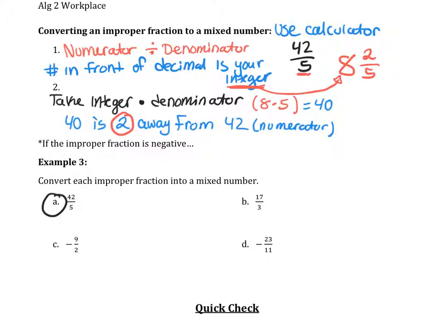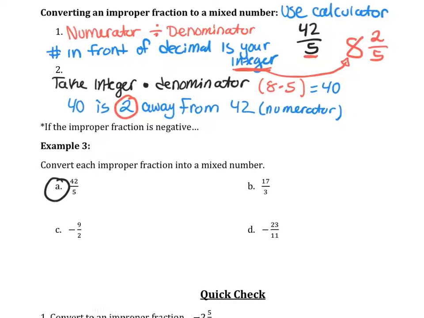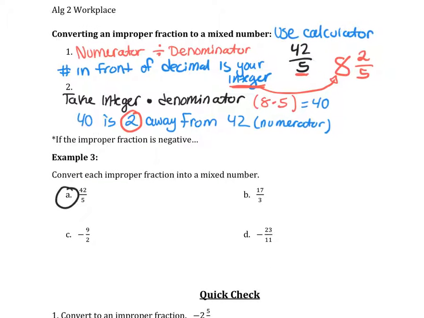Okay, so you do your division of the improper fraction to get your integer, whatever number is in front of the decimal. You take that integer times the denominator, and whatever the difference is from that to the numerator becomes your new numerator. So it's kind of hard to explain in words, but it's not too many buttons you have to push. So example 3a, the answer we got was 8 2/5.